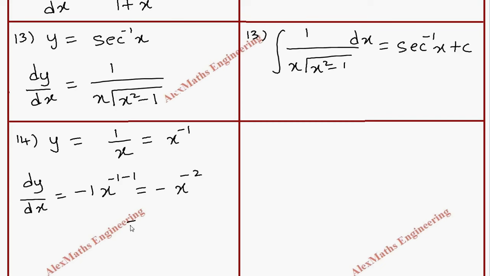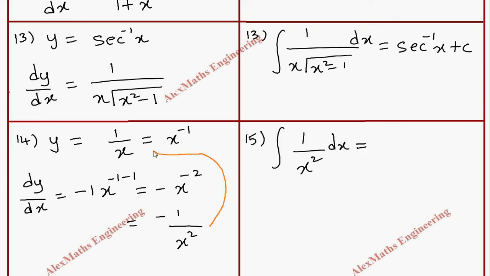And when I carry this to the denominator, we get minus 1 by x square. So if we want the integration of 1 by x square dx, we can directly write the reverse as 1 by x with a minus sign, because here we have minus, but in the integration formula we don't have minus, so we take this minus sign to the other side. This is nothing but minus 1 by x plus c.